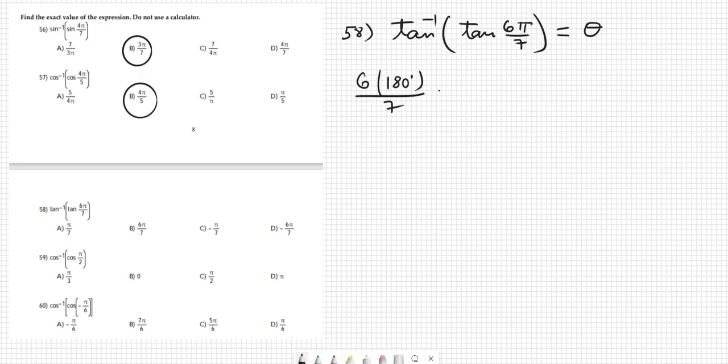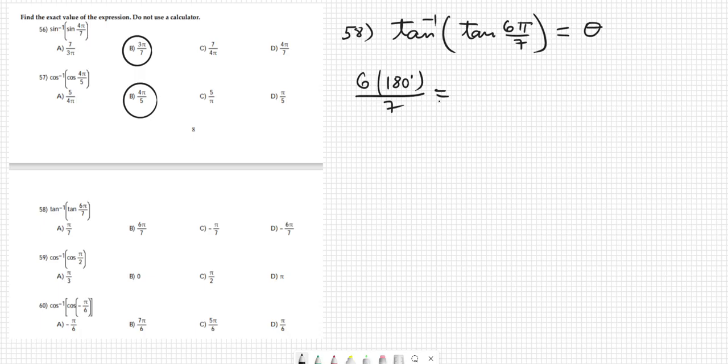The goal is to determine the quadrant, no? 6 times 180 divided by 7.